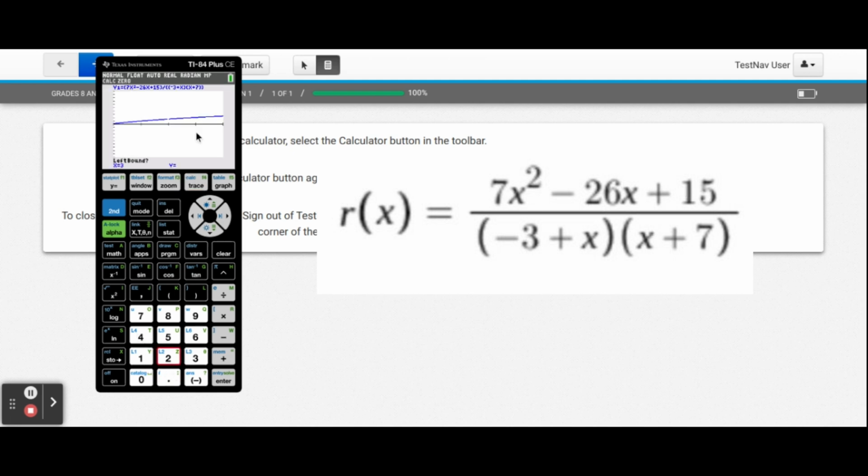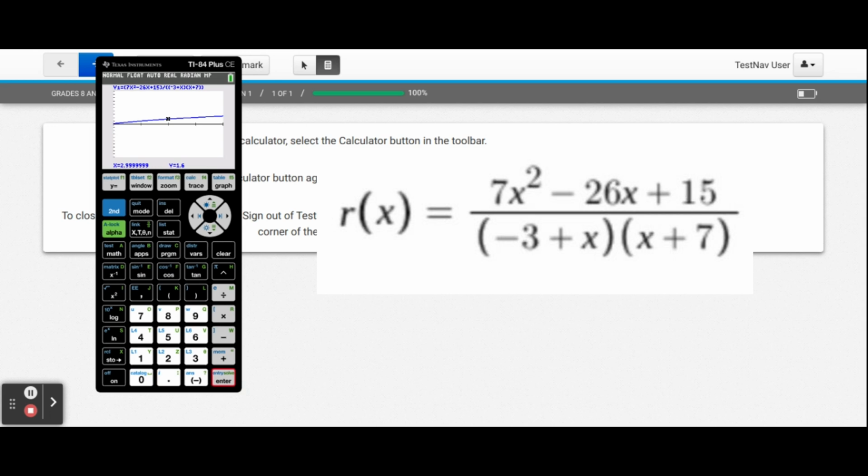A number that's awfully close to 3 coming from the left that's not 3 is 2.99999. I wanted to do second trace value. Okay, yeah. So what I'm going to do is 2.999999999. Hit enter. And it gives me 1.6. Just like I thought it would.